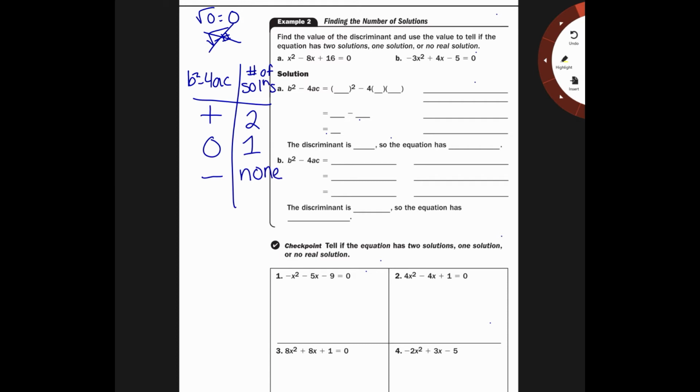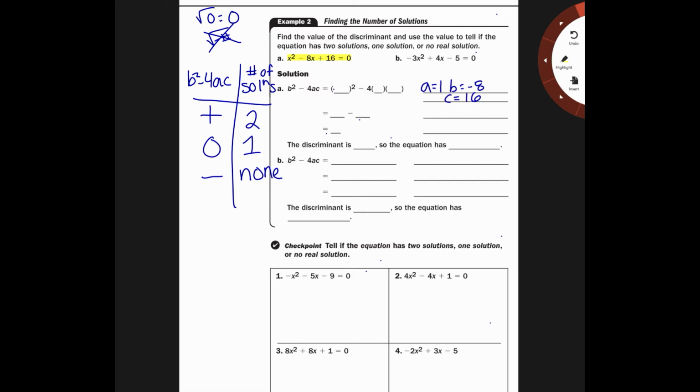Okay, let's do that for 2 more problems. Here I have my first problem: x squared minus 8x plus 16 equals 0. I have an a of 1, a b of negative 8, and a c of 16. I'm going to plug that in.